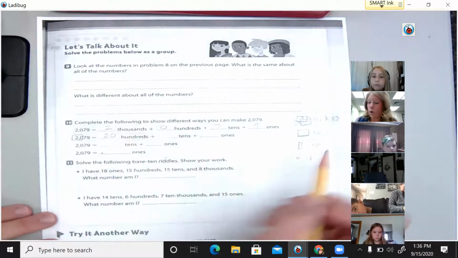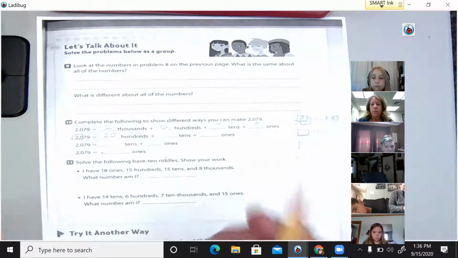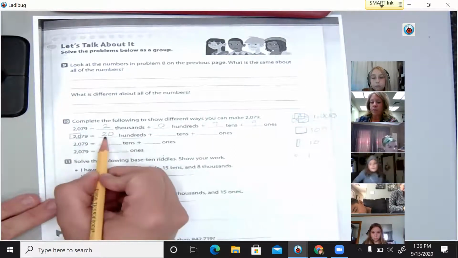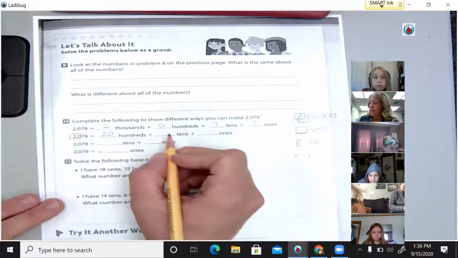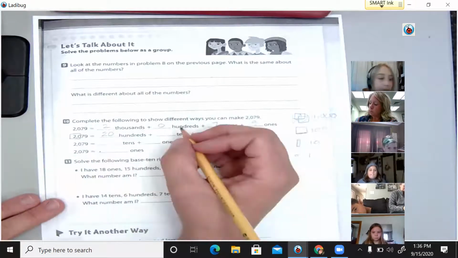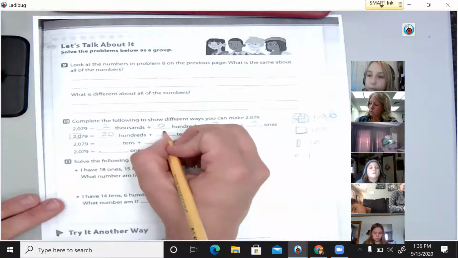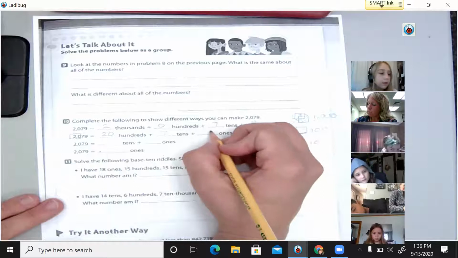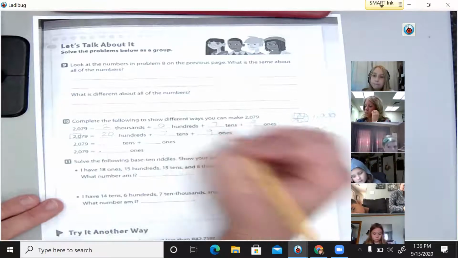So you have to have more flats now since they've gotten rid of the big cube. So to make this number, we have 20 hundreds. Sophia, how many tens? 7 tens. And how many ones, honey? 9 ones. Very good.